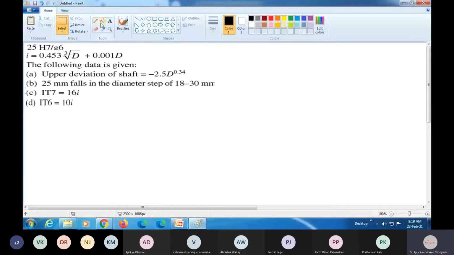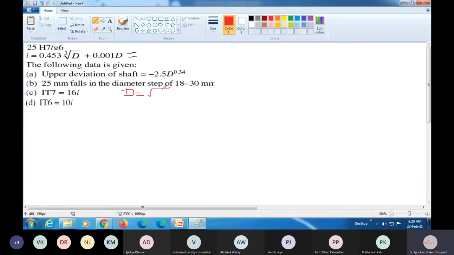So earlier we had already worked out this particular thing. What is the value of D we had calculated first of all? D is what?